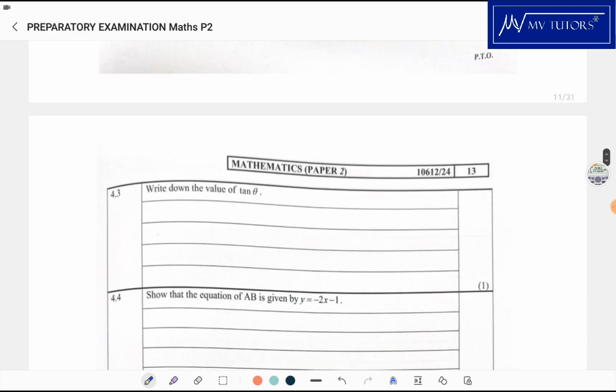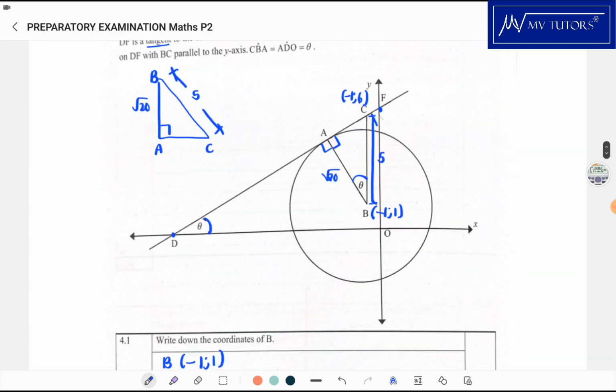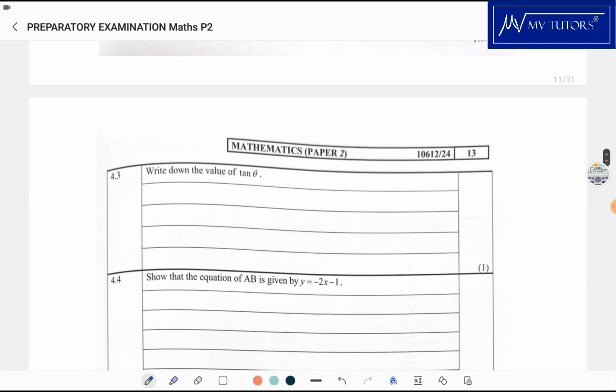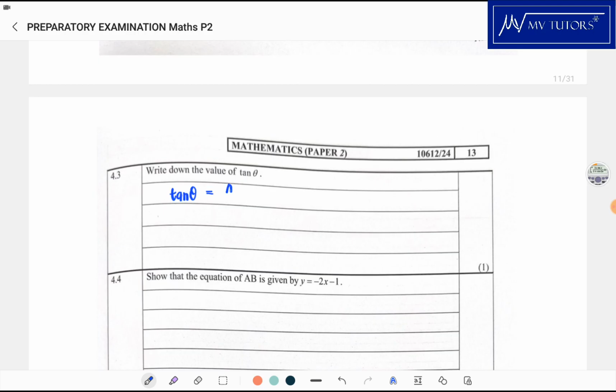So that's 3 marks. Then it says write down the value of tan theta. Okay, again looking at our triangle, where is theta? Theta is there by B. Okay, so tan theta, remember tan is opposite over adjacent. This is our opposite, so it's AC over AB. Okay, so basically tan theta is AC over AB. Maybe that's why we had to show that AC is that.